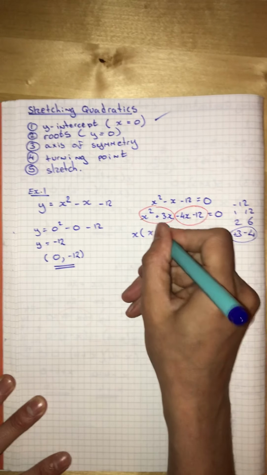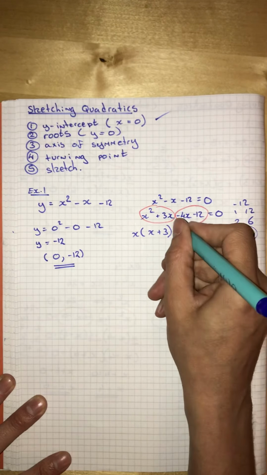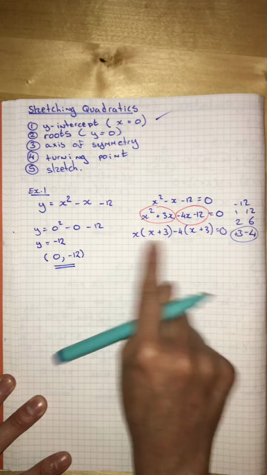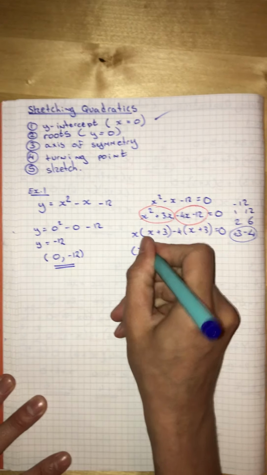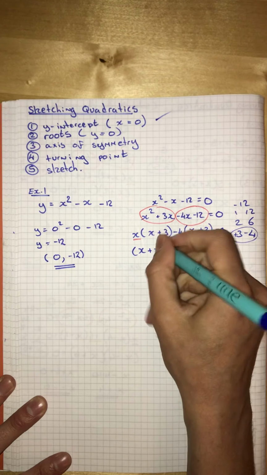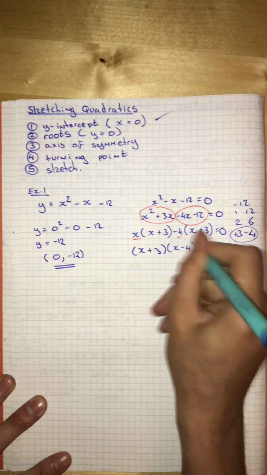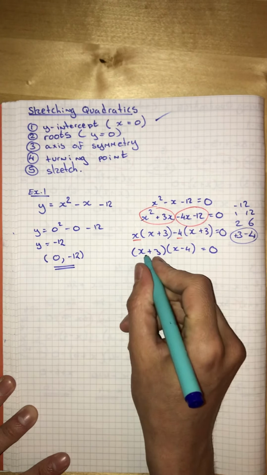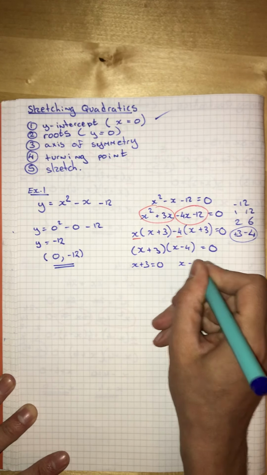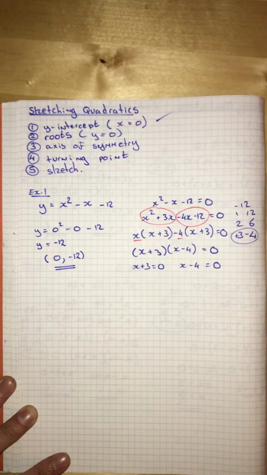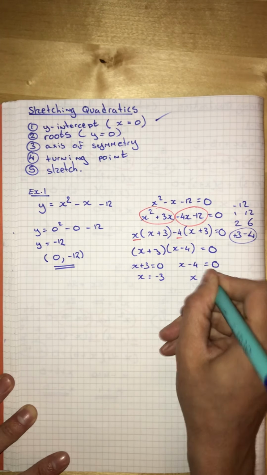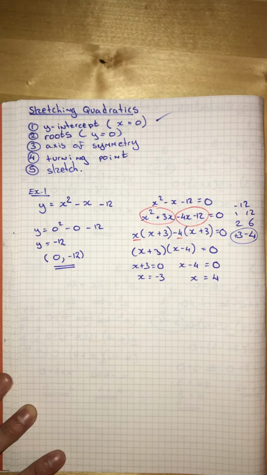x bracket x plus 3 minus 4 bracket x plus 3, and then x plus 3 and x minus 4 equals 0. So split the brackets, get x plus 3 equals 0 and x minus 4 equals 0, which tells us that x is going to equal negative 3, x is going to equal 4.